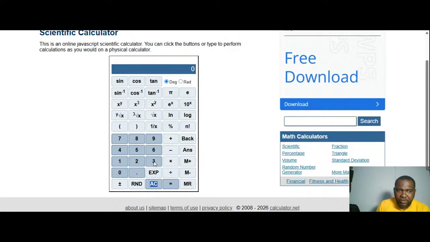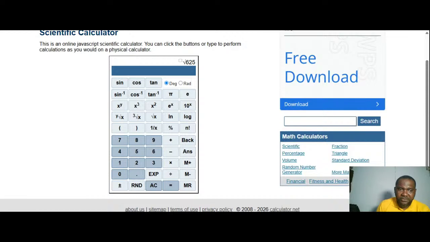In this particular one, you will press the number first, then press the root. You can now write 4, showing fourth root of 625. See the answer here, 5. Different calculators have different ways of pressing it. For some, you have to press the root first, then the number you want to solve.